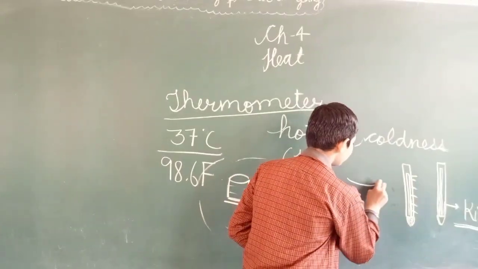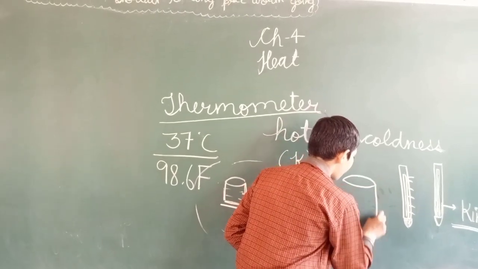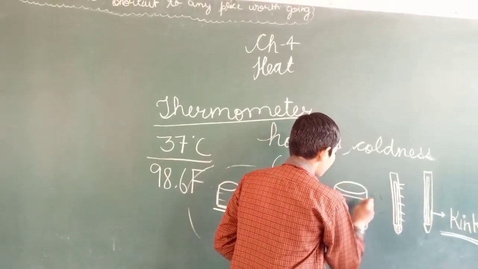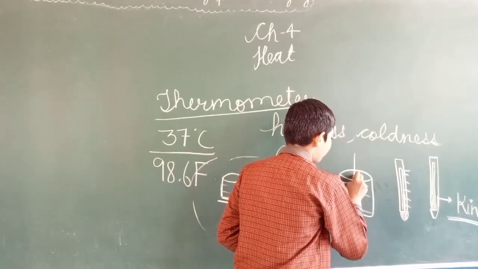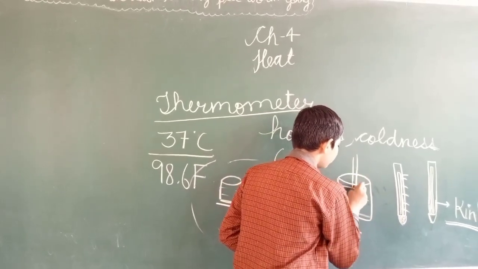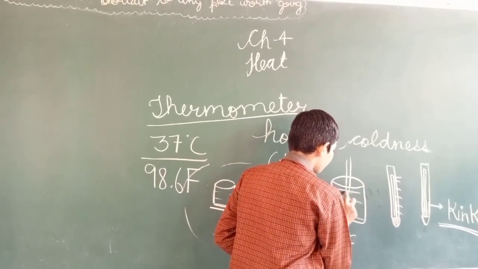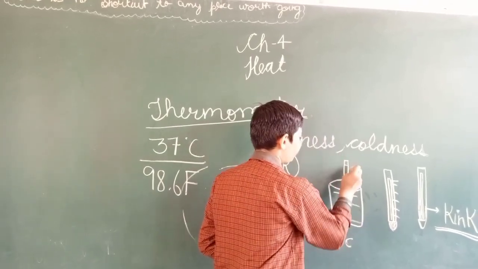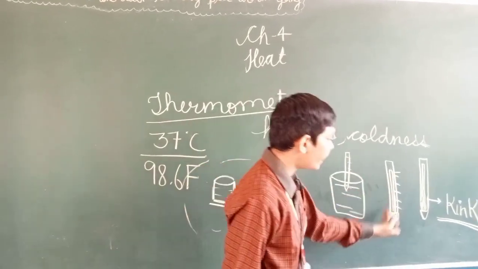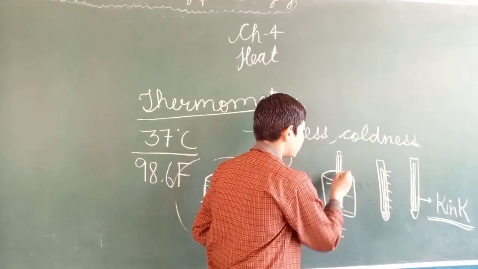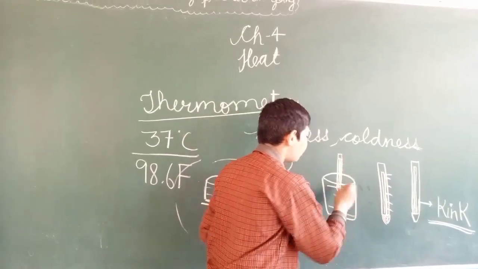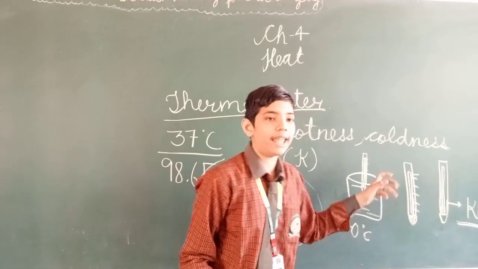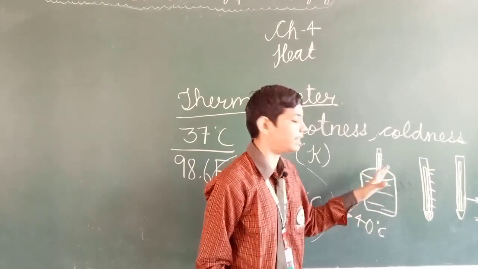For example, this is a bowl in which there is a substance. We simply put the thermometer in it and measure its temperature easily. We don't have to take it out; we measure the temperature by keeping the thermometer inside the bowl. That's why there is no kink present in it.